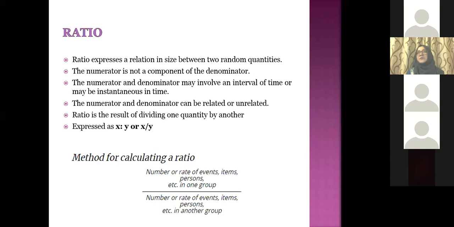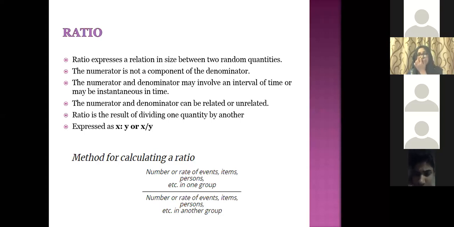The ratio is the result of dividing. So you are going to divide two quantities, or compare two quantities with each other, when you take the ratio. It is expressed as x ratio y, or x to y, or x by y. The formula for calculating this ratio is the number or rate of events, items, or persons in one group, divided by the rate, events, items, or persons in another group.